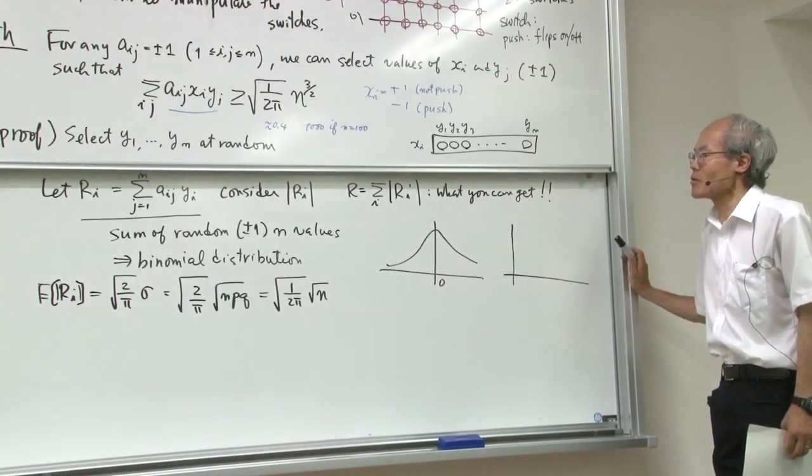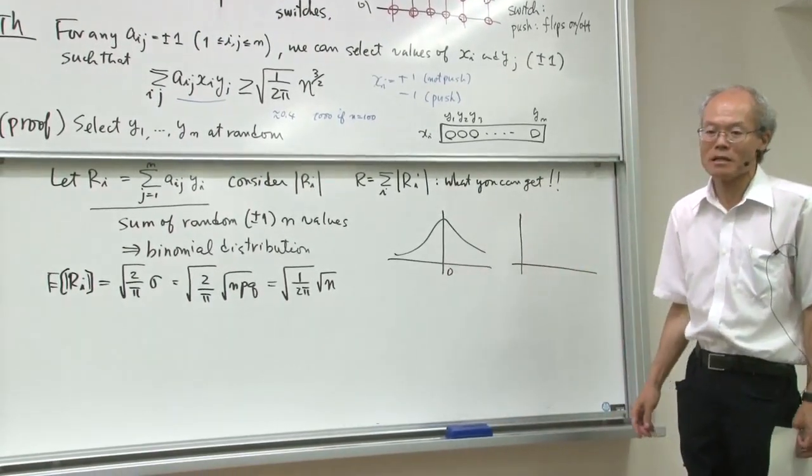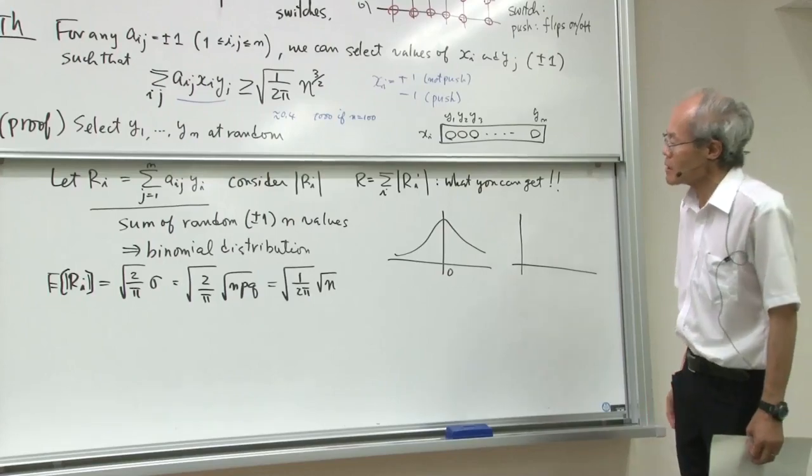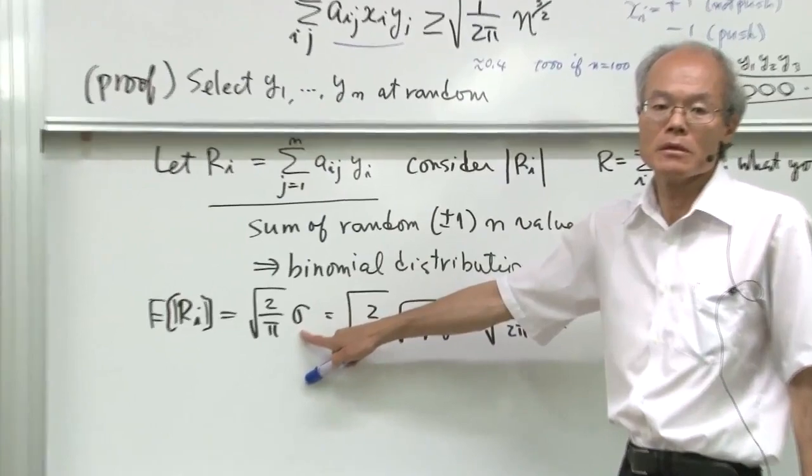Maybe if you don't know this kind of bell curve, this might be a little bit hard to understand. But this is what we call the standard deviation.